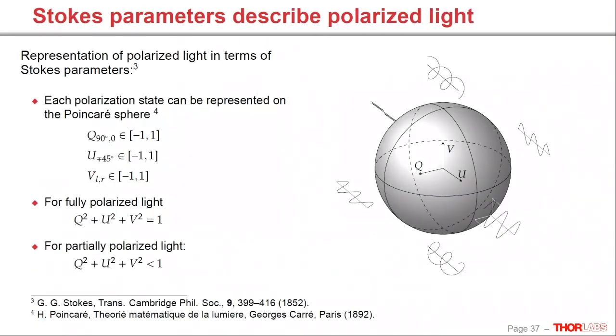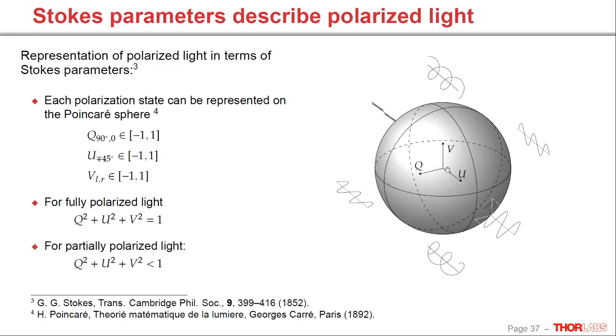And for that, we can represent polarized light in terms of the Stokes parameters. The Stokes parameters were introduced quite a while ago, and they represent the different polarization states in these three vectors here, the Q, U, and V, where Q is linearly polarized light at 90 degrees and 0 degrees, U is the linearly polarized light at 45 degrees to that, and V is left and right circularly polarized light.